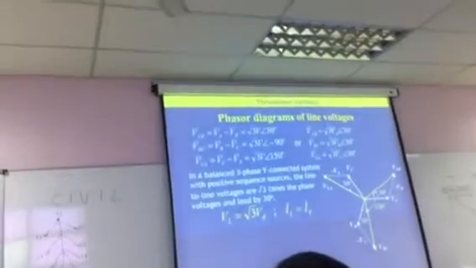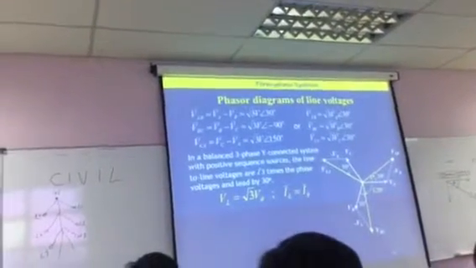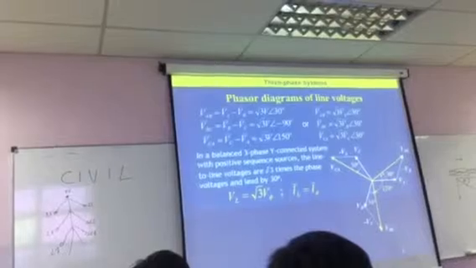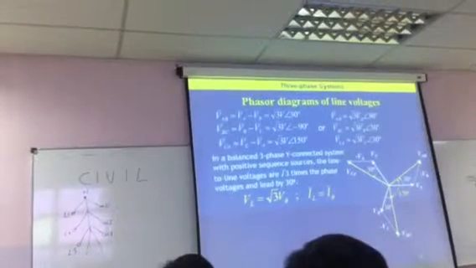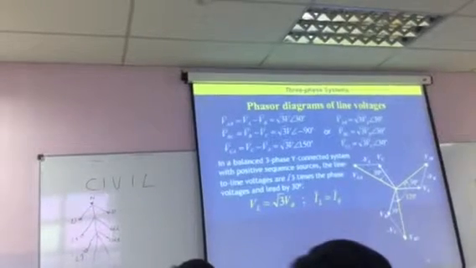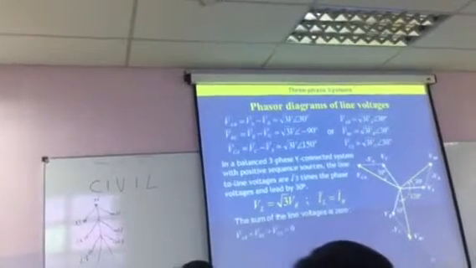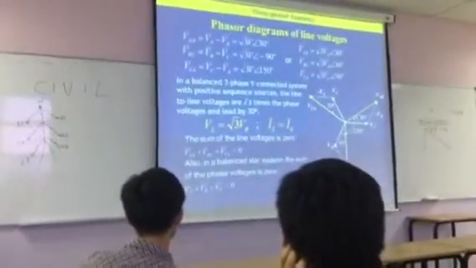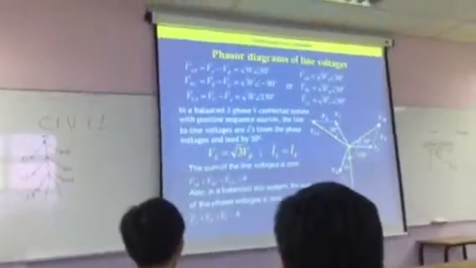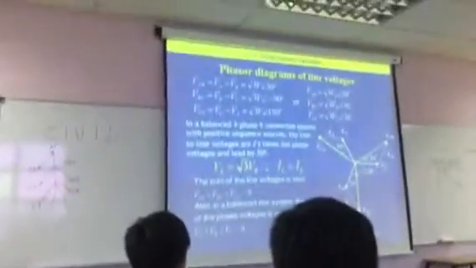For the star system, the line voltage is √3 times the phase voltage, and the line current is equivalent to the phase current. The sum of the line voltages is 0, and also the sum of the phase voltages is 0, which we would expect.